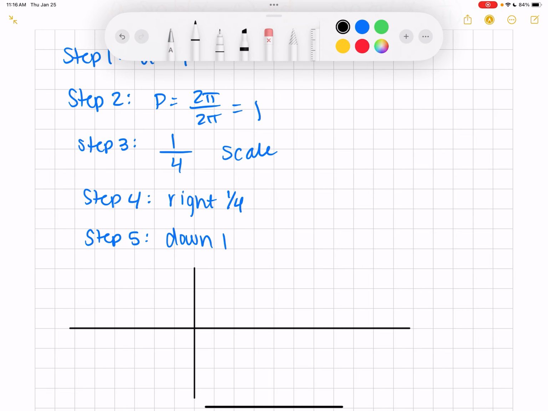The prep book really only does the right side. Our book tends to tell you to go from -2 pi to 2 pi, which is going to give you typically 2 full cycles, because 1 full cycle gets you to 2 pi for the parent function. So you'd get a full cycle on the left and a full cycle on the right. But unless they specify, it doesn't matter what you do.